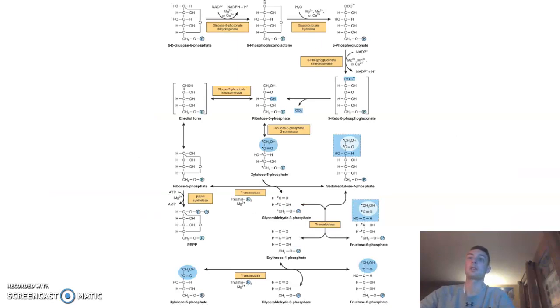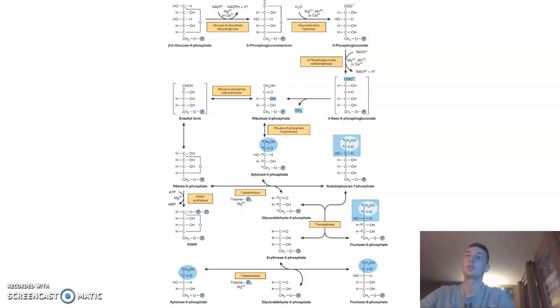Glucose 6-phosphate dehydrogenase is a regulatory enzyme of the pentose phosphate pathway. Individuals with glucose 6-phosphate dehydrogenase deficiency lack the ability to convert glucose 6-phosphate into 6-phosphoglucolactone.